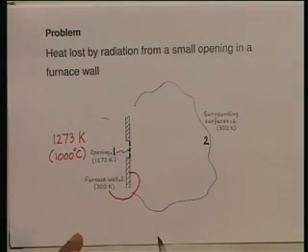So, obviously, this is a situation in which A1 upon A2 is going to be tending to 0.